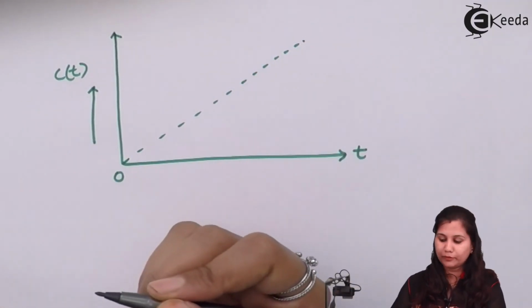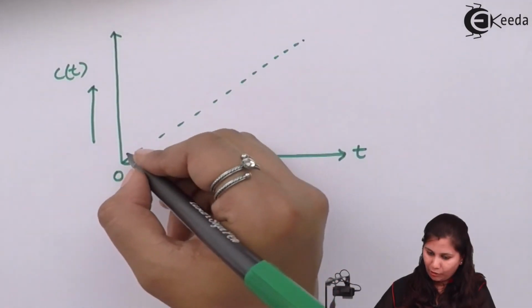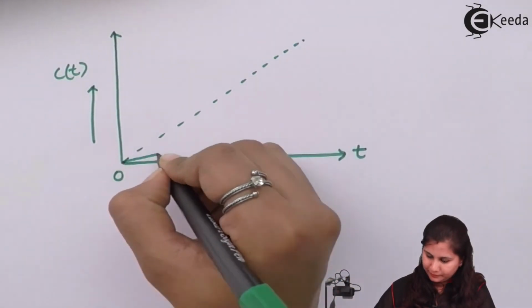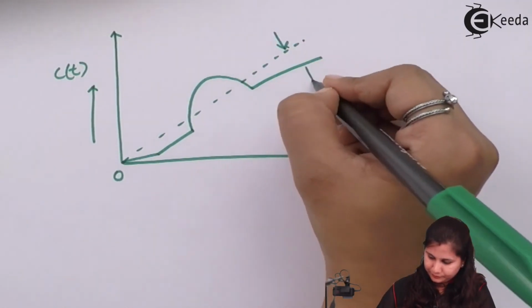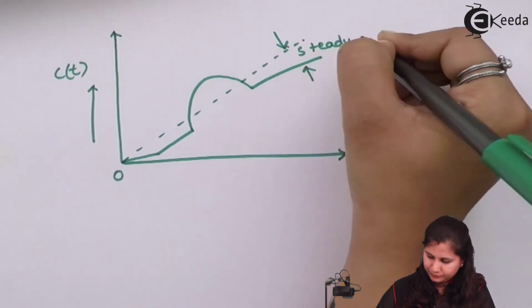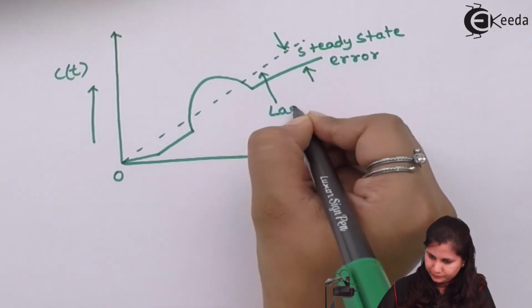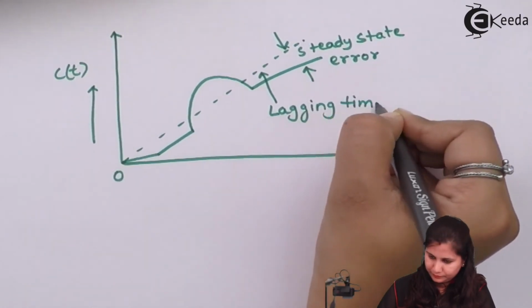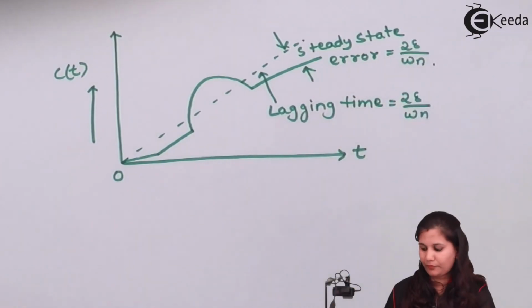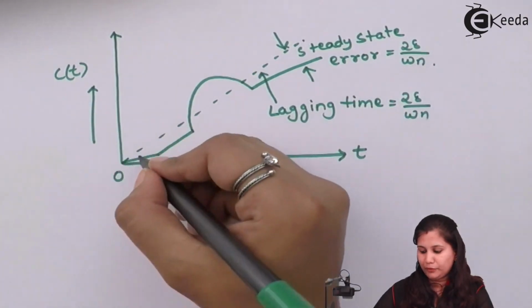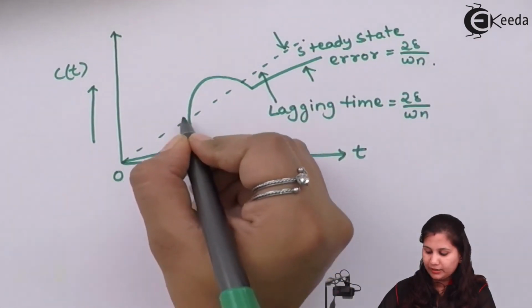This is our input, that is t, and our output will be like this. So the input is our straight line, and the output is like this.